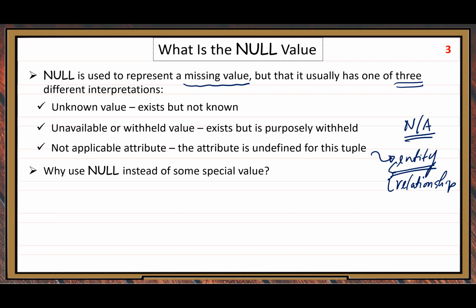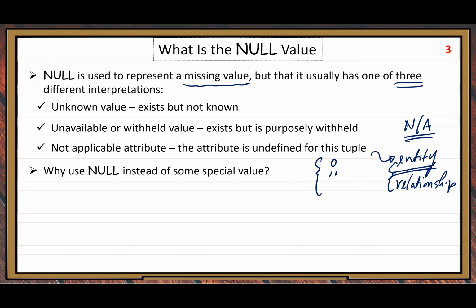All right. Why use null instead of some special value? Because sometimes people may use 0. That's one option that people can use in some situations. For string values, an empty string is another one, if the value is not provided.